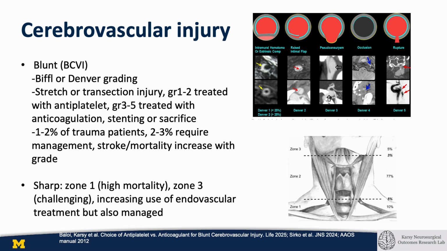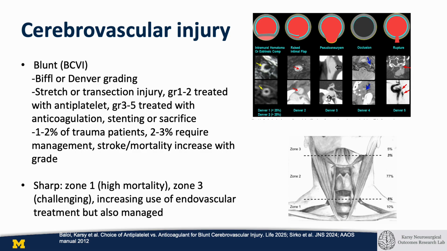Cerebrovascular injury includes injury to the blood vessels, which can oftentimes occur bluntly or sharply. For blunt injury, this is often seen in high-level blunt traumatic brain injury. We use the Biffl or Denver grading system, where grade 1 indicates a luminal injury with less than 25% vascular stenosis.